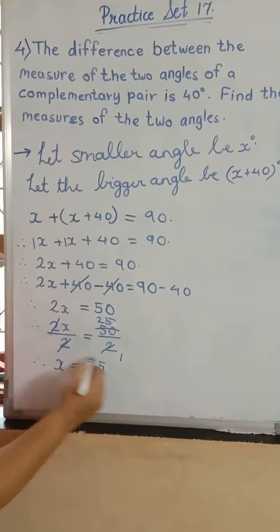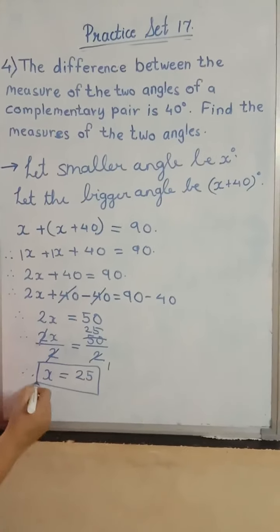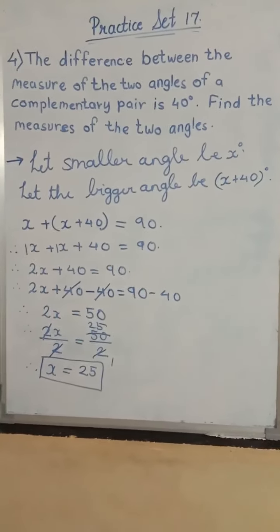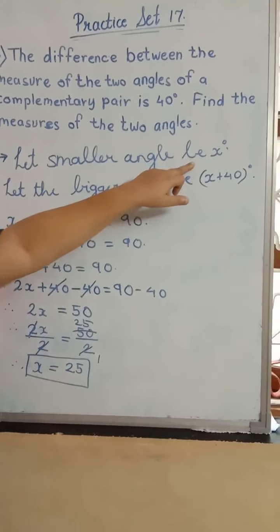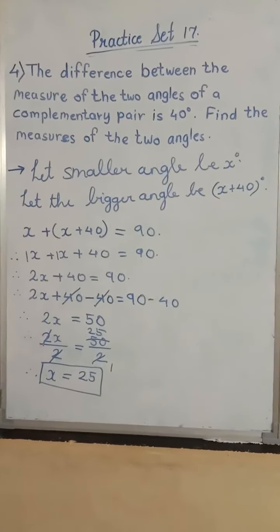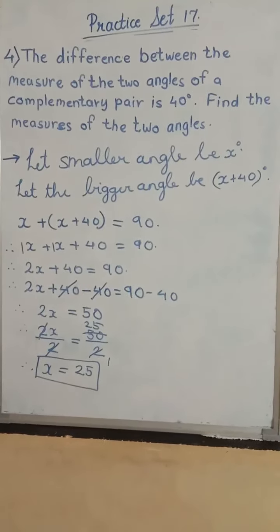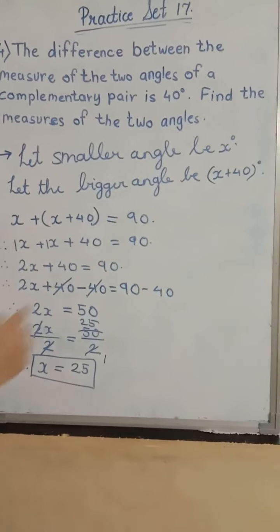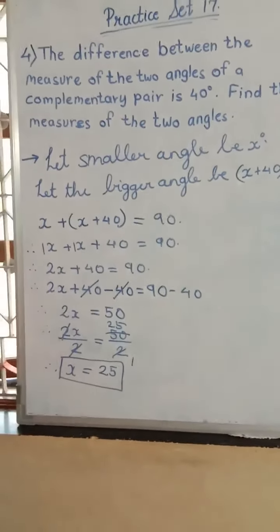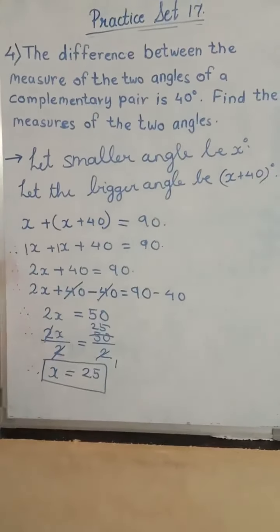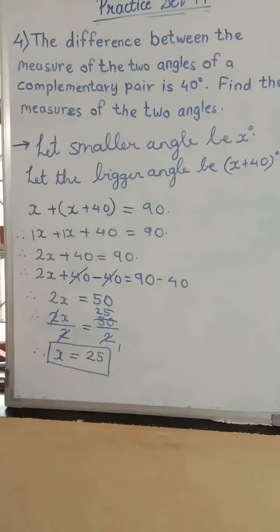So what is the value of x? 25. Did we assume one angle as x? Then what is that one angle's measurement? It is 25 degrees. We have to find the other angle's measurement, but now I do not have place, so you can write this down.